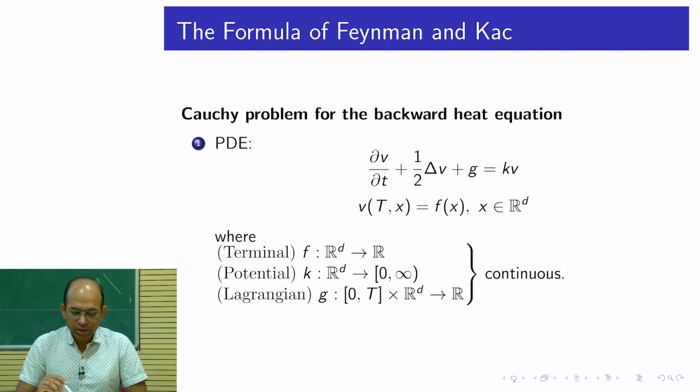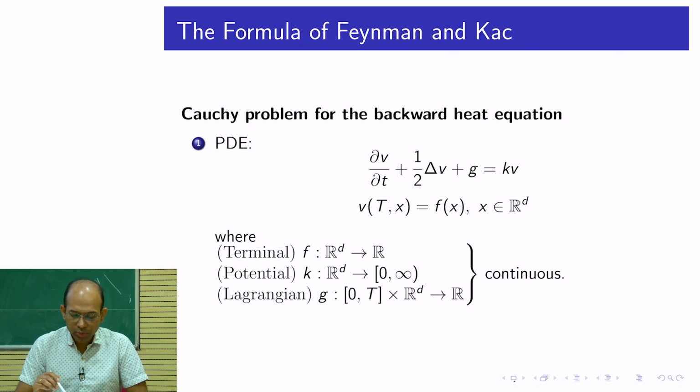Here v_t appears, the partial derivative of v with respect to time, and then half the Laplacian of v, plus g, which is another function, is equal to k times v. So the unknown v appears here, here and here: a first order term with time derivative, a second order space derivative, and a zeroth order term.